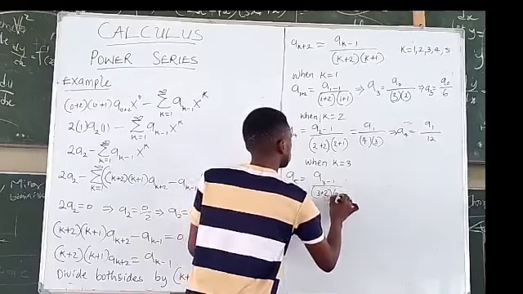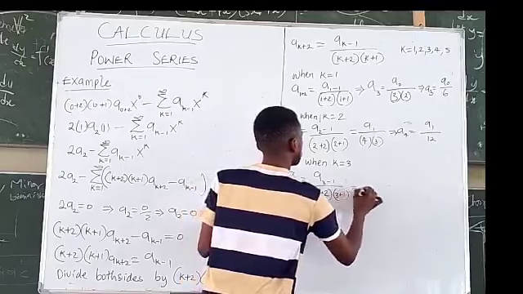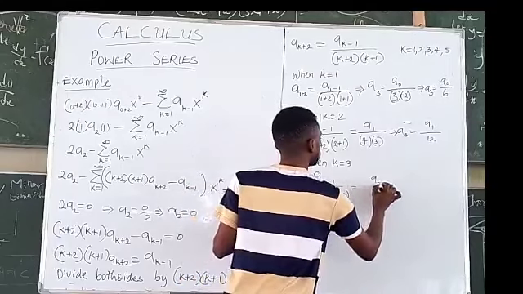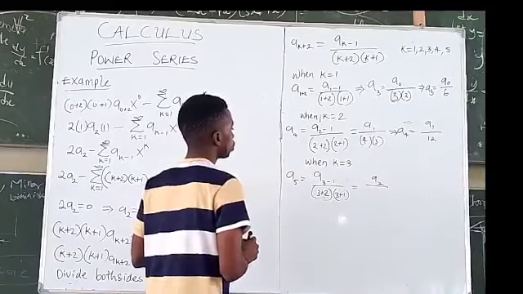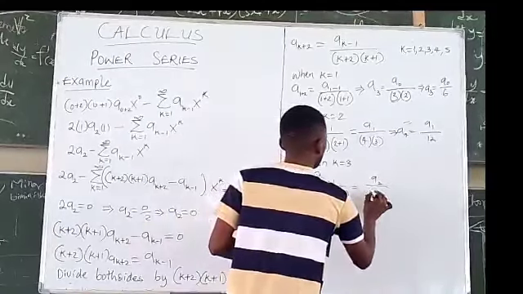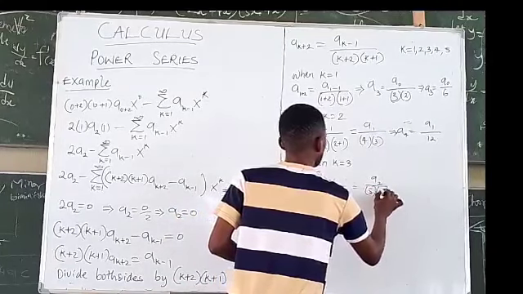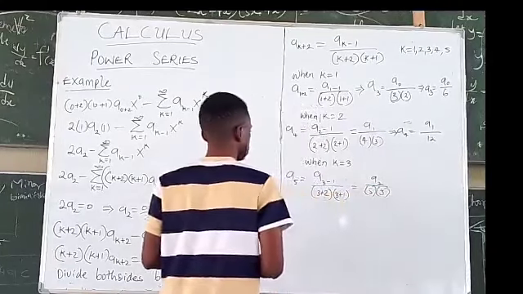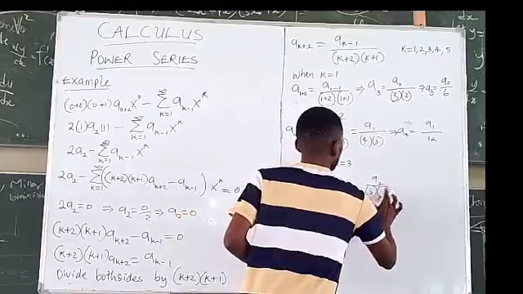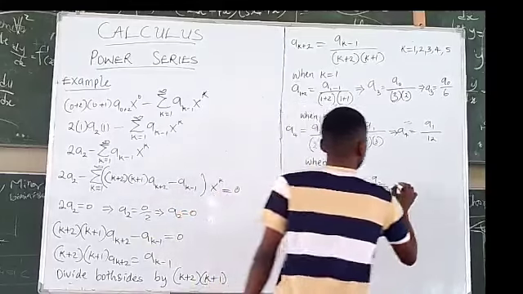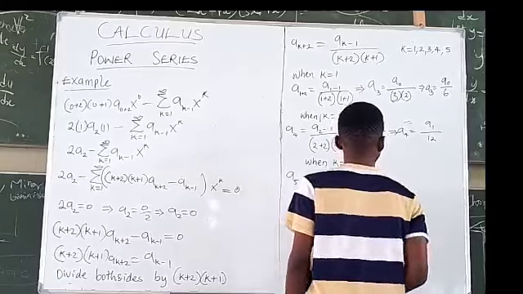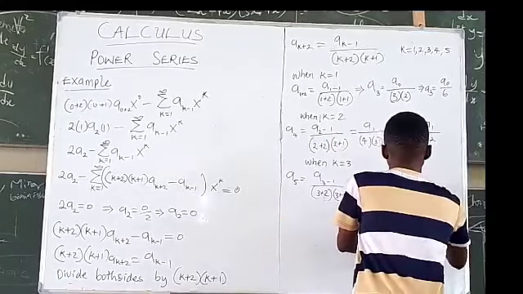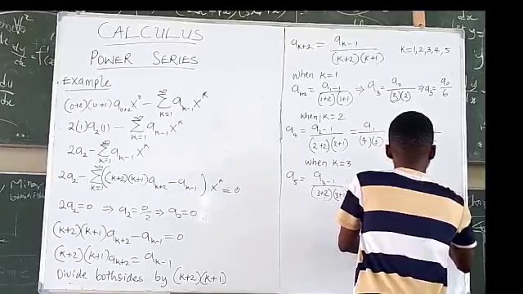Then 3 plus 1. Then this becomes a2 all over 5 and 4. So this becomes our a5. Our a5 becomes a2 all over 20.